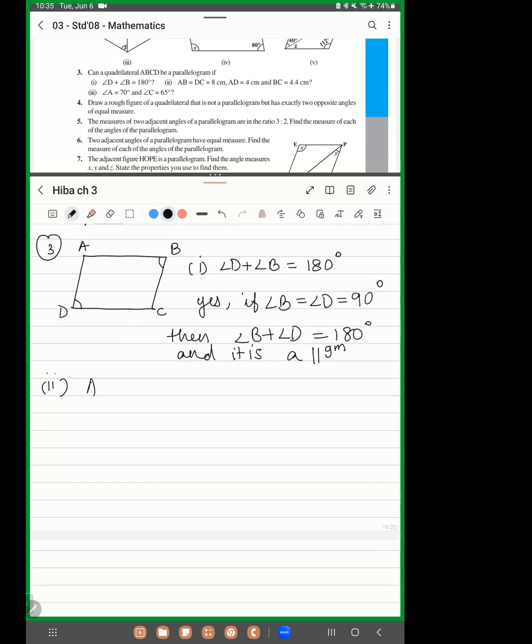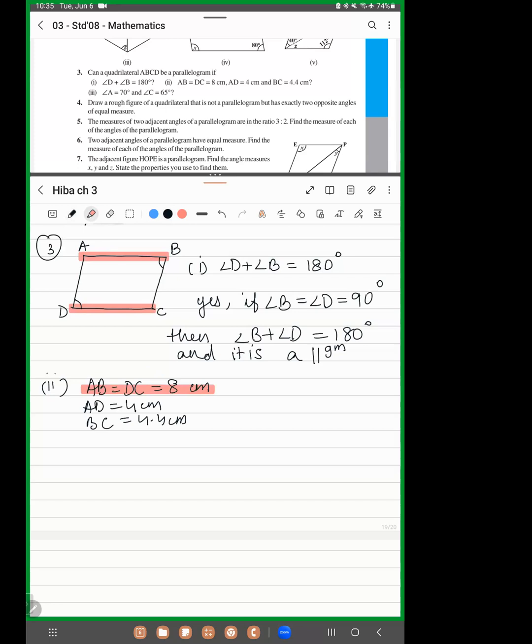All right. So now let's come to the second part. AB equals BC equals 8 and AD equals 4 and BC equals 4.4. ये तो आपको ड्रॉ करने की जरूरत भी नहीं है, उसको तो ऐसे समझ में आ जाएगा. बताइए. AB आपको दिख रहा है, DC आपको दिख रहा है. AB और DC तो इक्वल है ना?